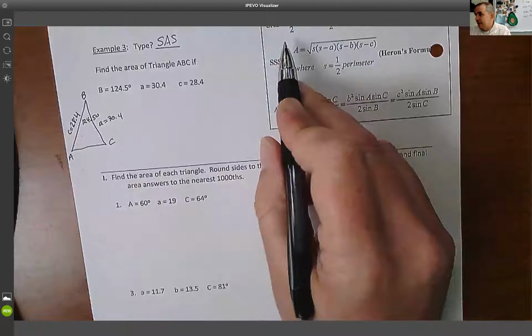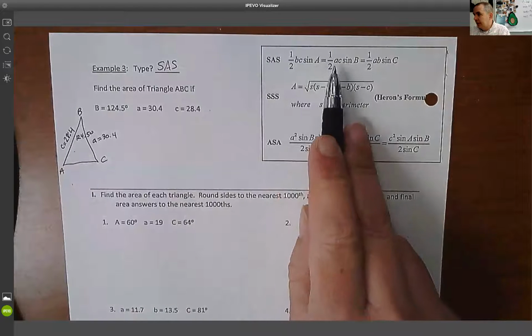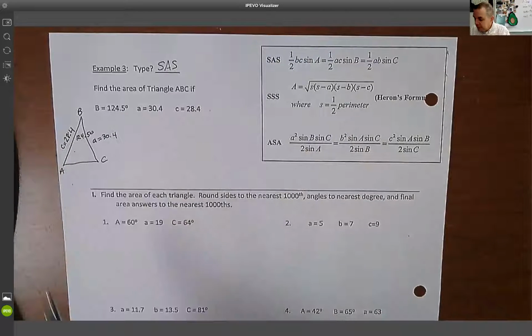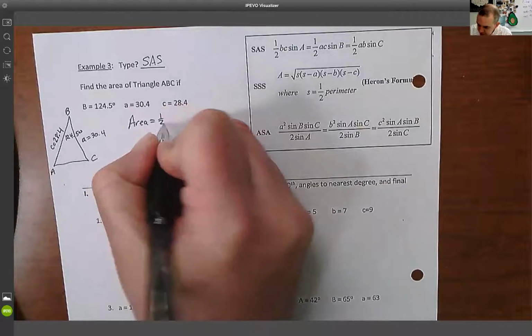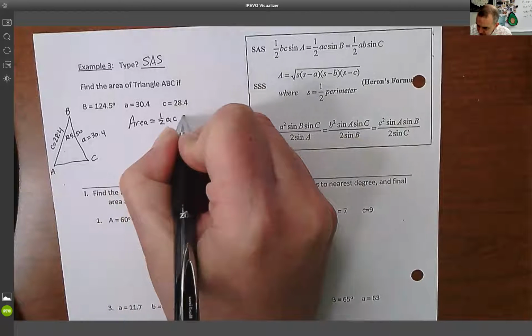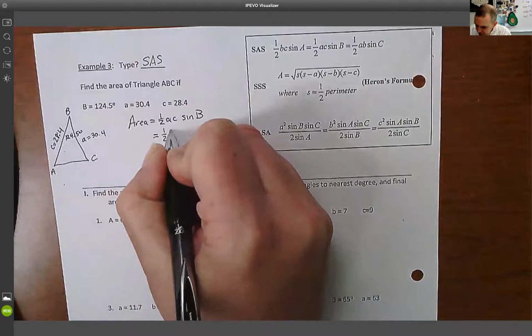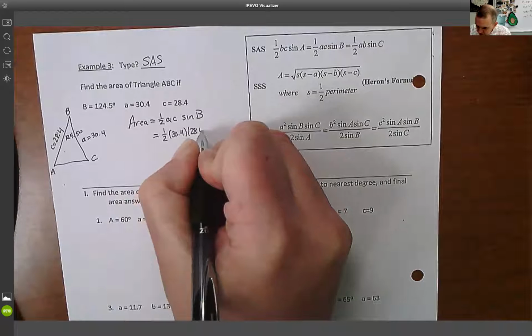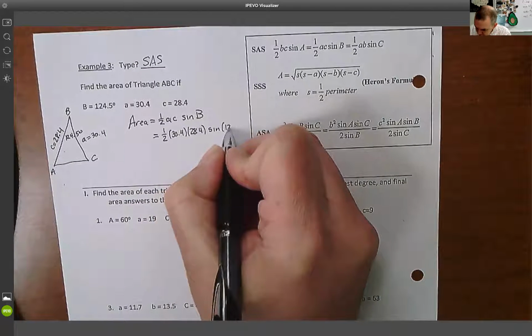The sides given are A and C and angle B. So our area is going to equal one half AC sine B, which is one half times 30.4 times 28.4 times sine of 124.5.